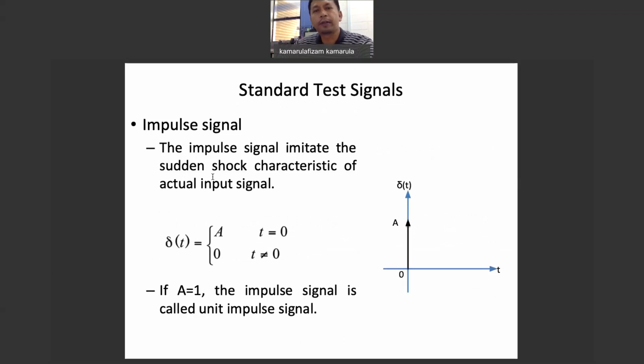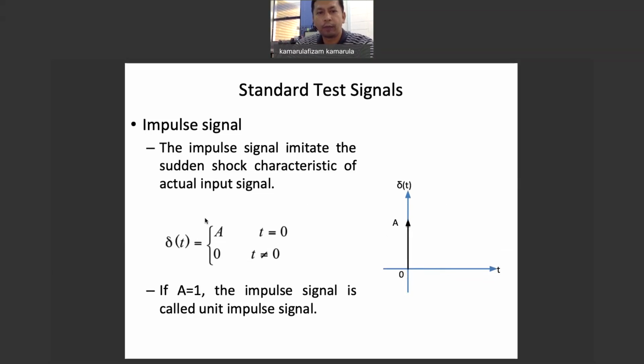So this is the first test signal that we are going to look at, which is the impulse signal. You can see the response of the impulse signal only at t equal to 0. Here we have a pulse with a magnitude of A, and the rest of the time, after and before t equal to 0, the amplitude is 0.